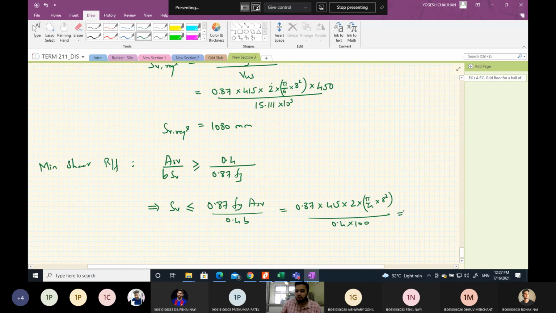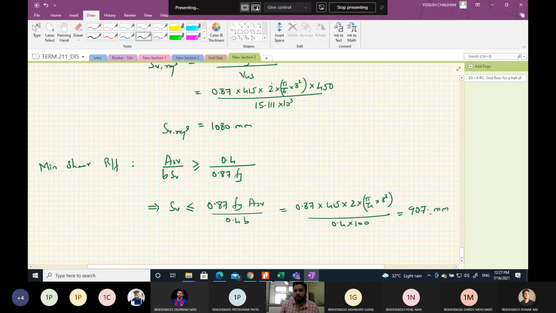So this value will be equal to 0.87 into 415 into 2 into pi by 4 into 8 square divided by 0.4 into 100. It is 907. So minimum shear reinforcement spacing required will be 907 mm.